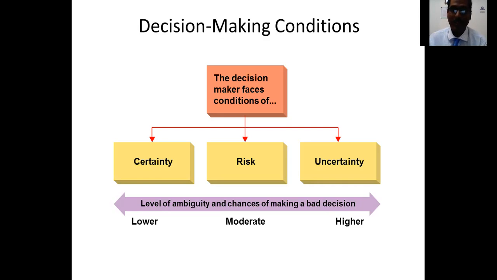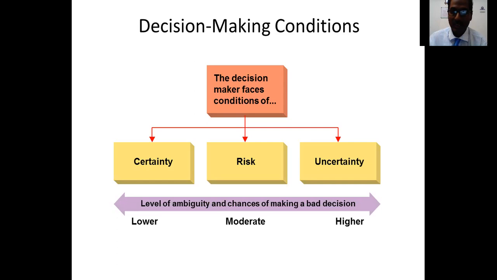Similarly, if the manager is not certain what problem or issue he is facing, then the decision he takes may be a wrong decision. The more uncertain the situation is, the less clear the problem is, the more the chances of the manager taking the wrong decision. So that is what I explained here.